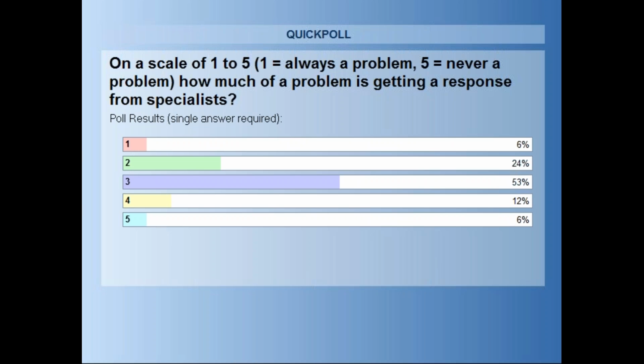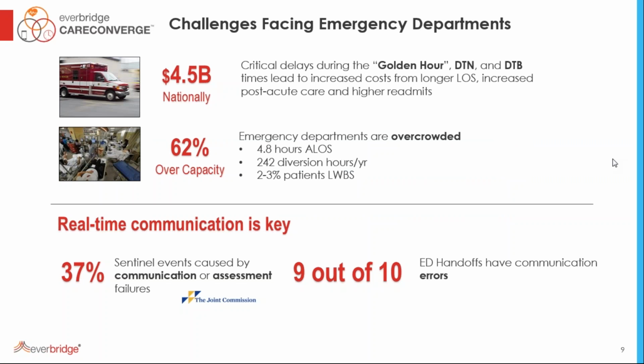Just to share back, 32% of respondents across the country indicated that getting a response from a specialist is either always a problem or usually a problem, a 1 or a 2. That was a common answer that we heard back. I think that really speaks to some of the communication challenges that exist across the emergency department, and particularly with specialists quite often being remote. I think that makes it a tough situation.